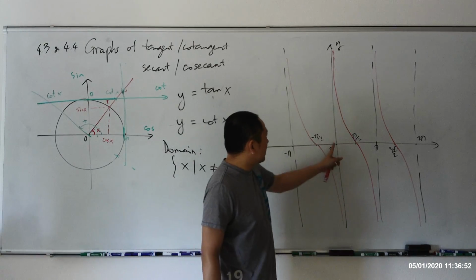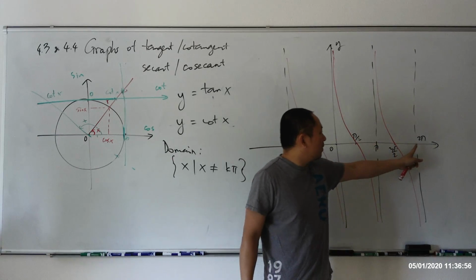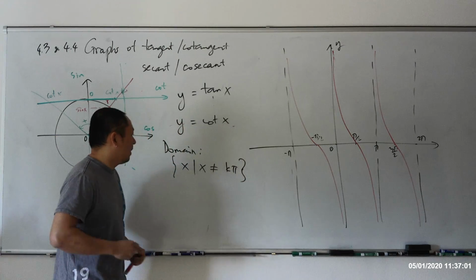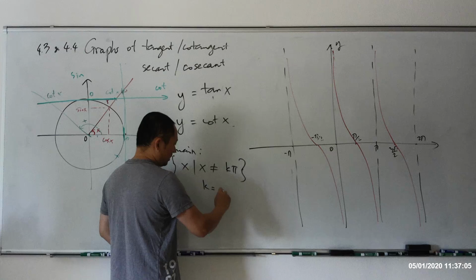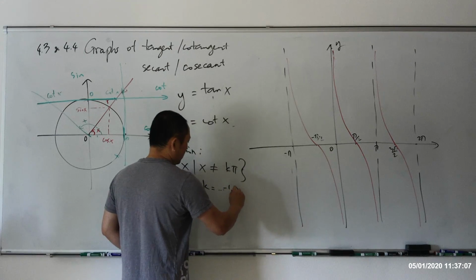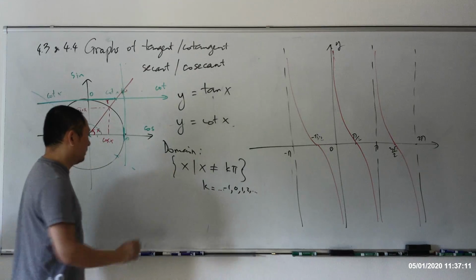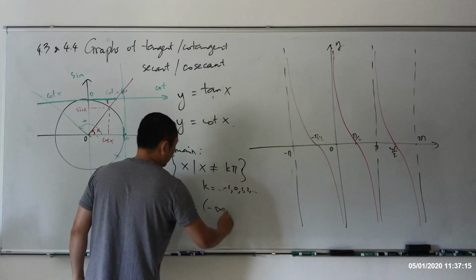Because at x equals 0, you got a vertical asymptote. x equals pi, another vertical asymptote, 2 pi, 3 pi, 4 pi. And asymptotes at negative pi, negative 2 pi. So k pi, and k is an integer, so negative 1, 0, 1, 2. And the range is nothing special, all real numbers, so from negative infinity to positive infinity.